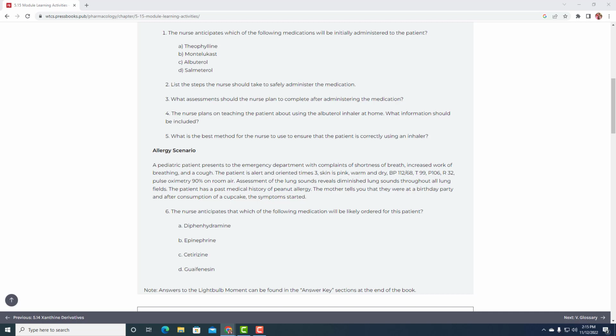And guaifenesin, an expectorant. So by knowing which these are, and you see that the person is in real distress, probably had anaphylactic reaction to some peanuts in the cupcake, we would know that B, epinephrine, would be the best choice. This is a severe allergic reaction. We want to get that in right away.